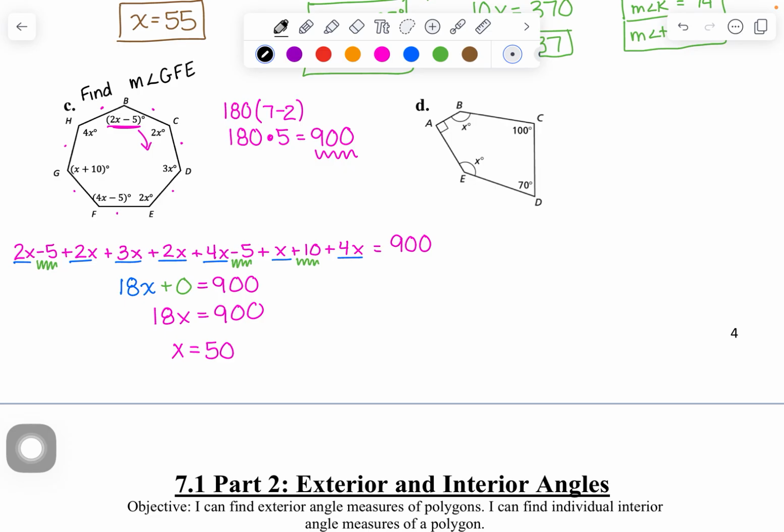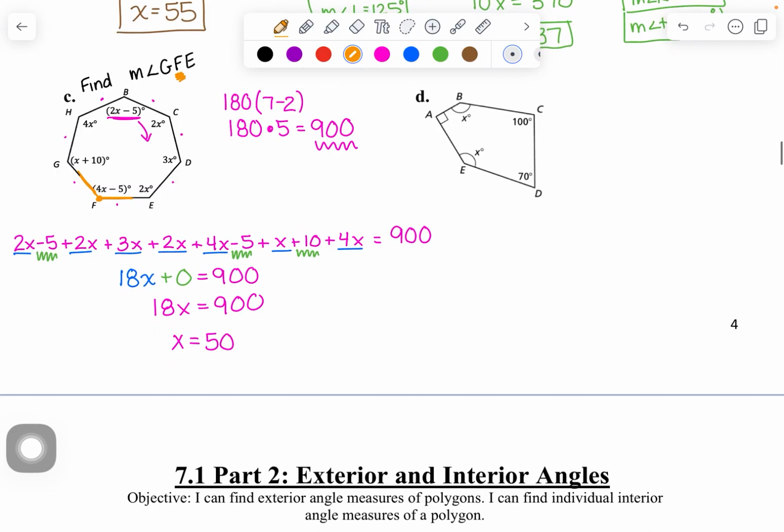But what if I said find the measure of angle GFE? Which angle is that? Hint, it's going to be GF or E. Remember, the middle letter is the vertex of the angle. So F is the vertex, and the angle just goes towards G and goes towards E. So measure of angle GFE is the 4x minus 5.